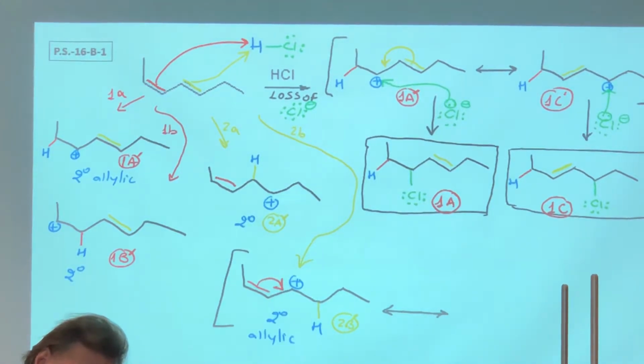So here's the hydrogen. I'm copying what does not change, and this double bond will move over here, and the plus charge comes over here, right? And obviously now the chlorine will come in a similar fashion.